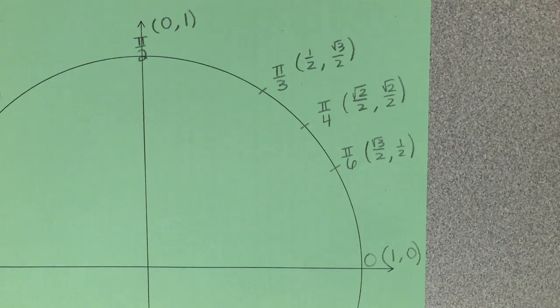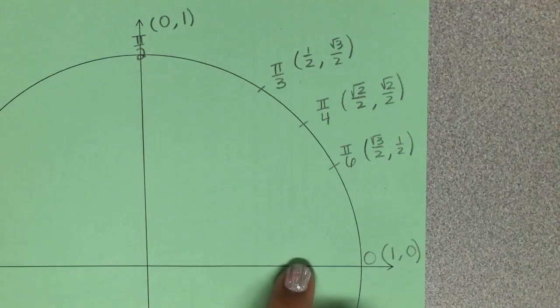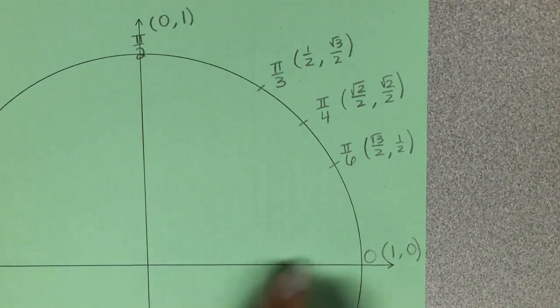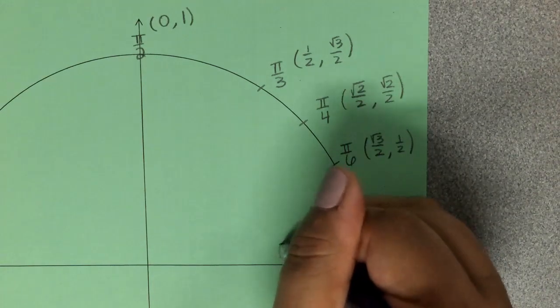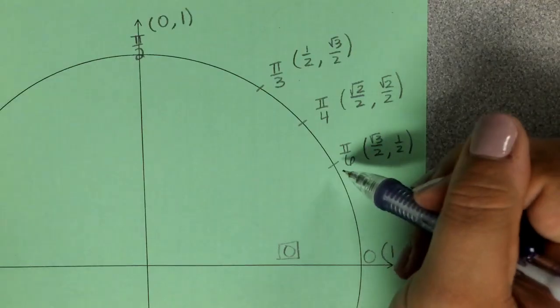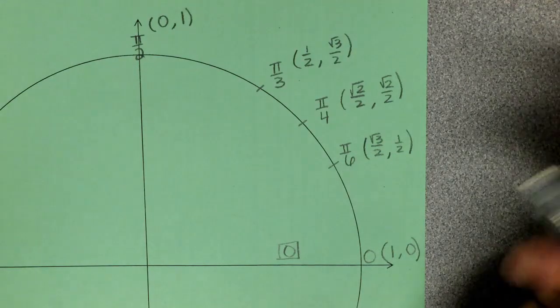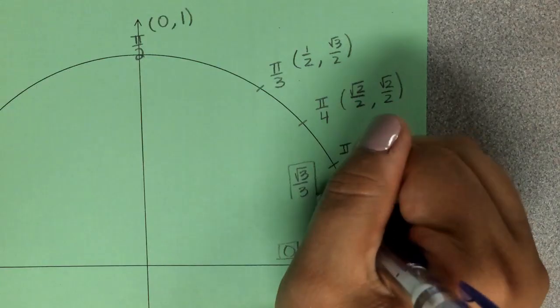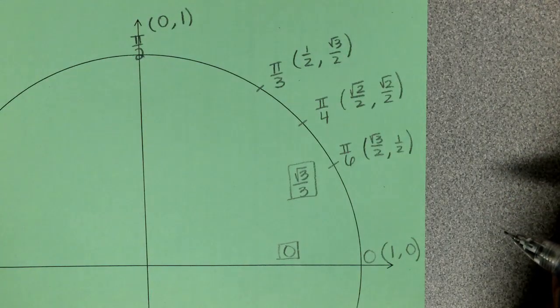Okay. Tangent now. What is the tangent of 0 degrees? Ooh. 0. Think about slope. What's the slope of this line? 0. And I'm going to box our tangents just so they're easier to find. What is the tangent of pi over 6? Everything we're going to be doing this unit is going to be in radians.